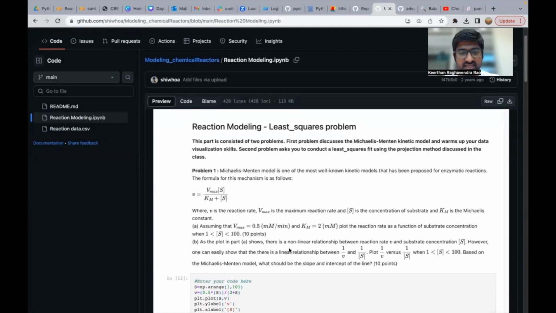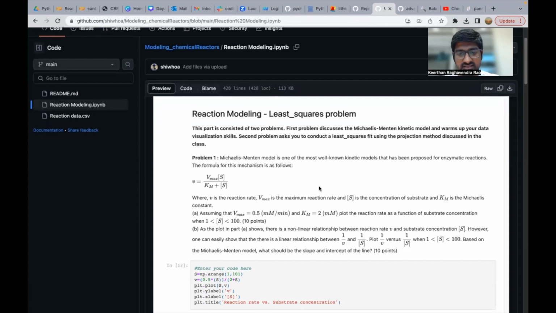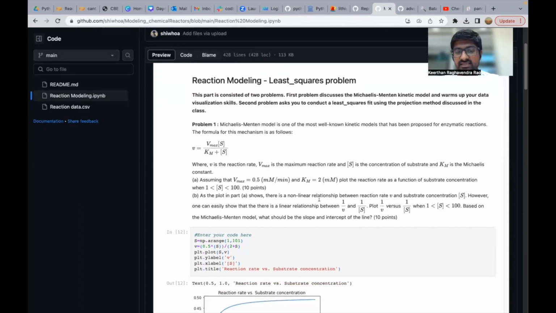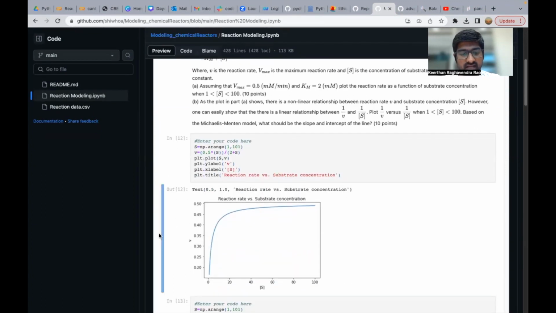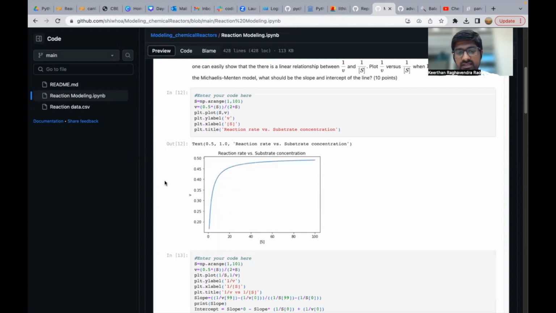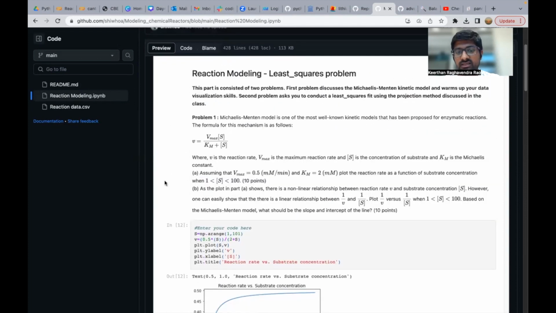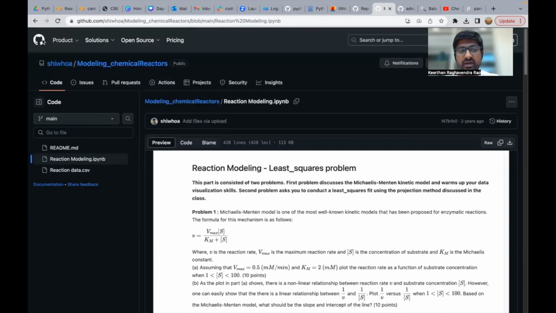So this person has a reaction modeling using least squares problem, and he basically models the Michaelis-Menten model for an enzymatic reaction. So you can take a look at their notebook. And GitHub is where usually people upload their code. So if you have an account there, you can access other people's code and use it as your own as well, depending on how their code is licensed.